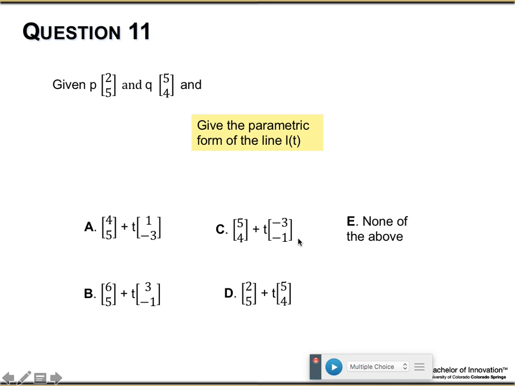I have no idea how people considered either A or B. They have absolutely no relationship to the problem. D was at least somewhat tricky because it had the 2, 5 and the 5, 4 in there. But you don't just put P and Q in. You have to take P plus Q minus P, or Q plus P minus one of them plus the others. Otherwise it's a very wrong point. The point's not on the line, right?